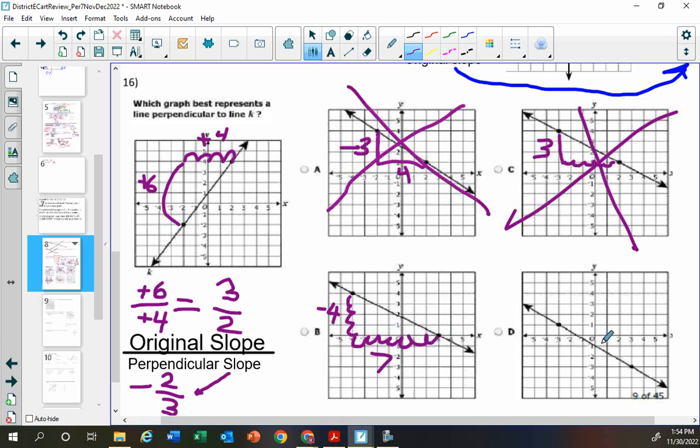That's not going to work either. A process of elimination is going to be this one. Because you can go down 2, or even if you went down negative 4, and then you went to the right 6, negative 4 over 6 is the same as negative 2 over 3. So by process, there you go.